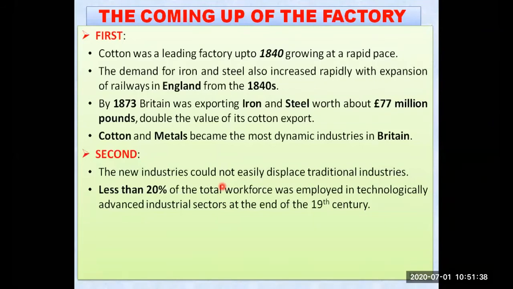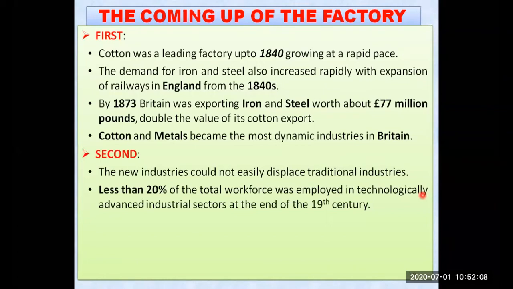Among the 100 workers, less than 20% means around 19 or fewer were technologically sound, meaning those who could operate machines at that time. Only 2 out of 10, or fewer than 20 out of 100, knew how to operate machines.